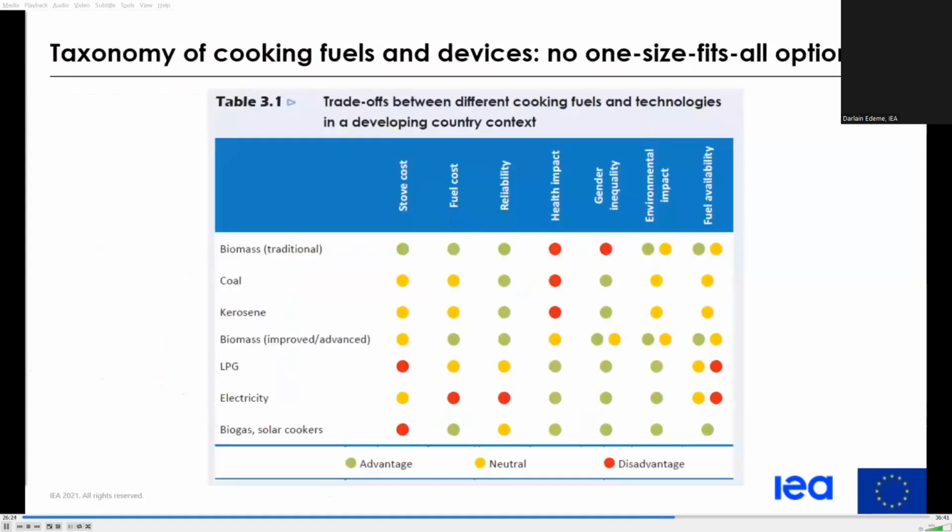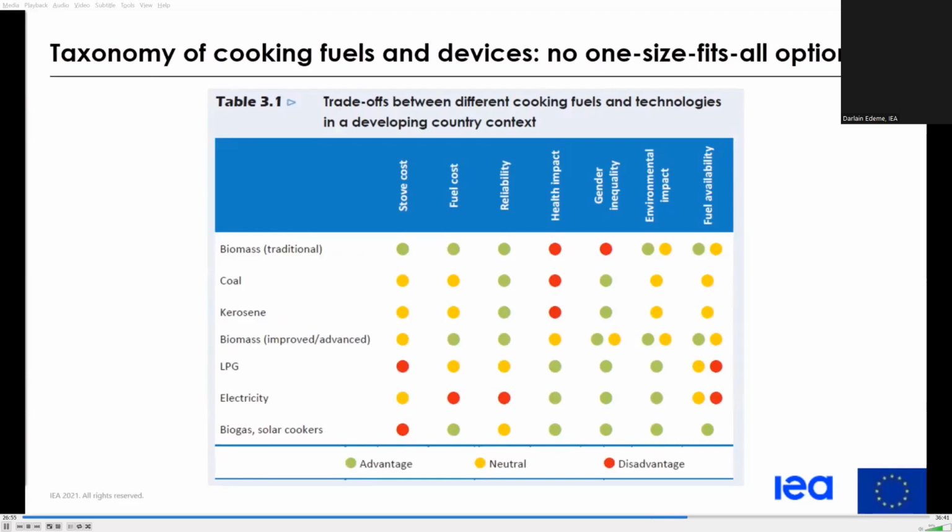At the IEA, we have tried to analyze the trade-offs between the different cooking fuels and technologies and gave them a score based on different criteria. There is the stove cost, so the traditional biomass is most advantageous because you just need to put free wood. For fuel costs, here you have to pay for electricity or LPG, and this is a disadvantage because we have a problem of affordability.